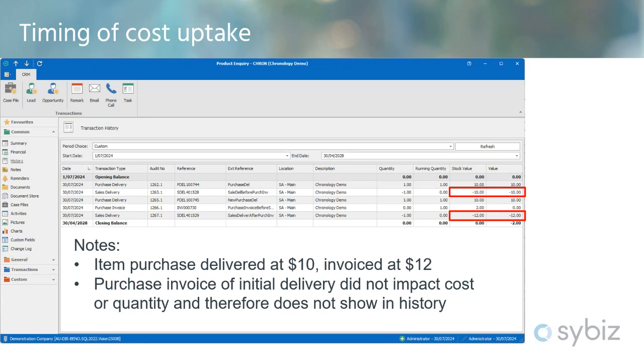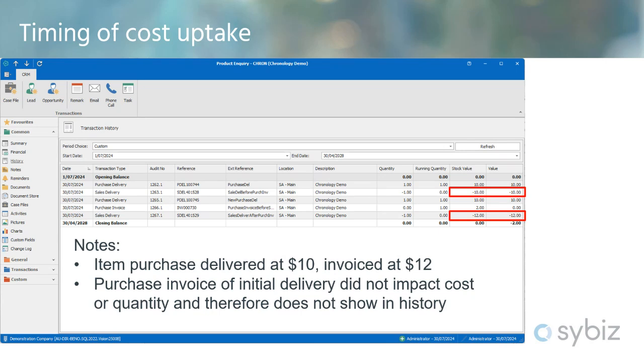The purchase delivery is occurring, but then we're actually selling that item before we've got the purchase invoice. On this occasion, all the system knew was that that item was $10 based on what had been stored in the system, and so that has been sold before we've got the purchase invoice.